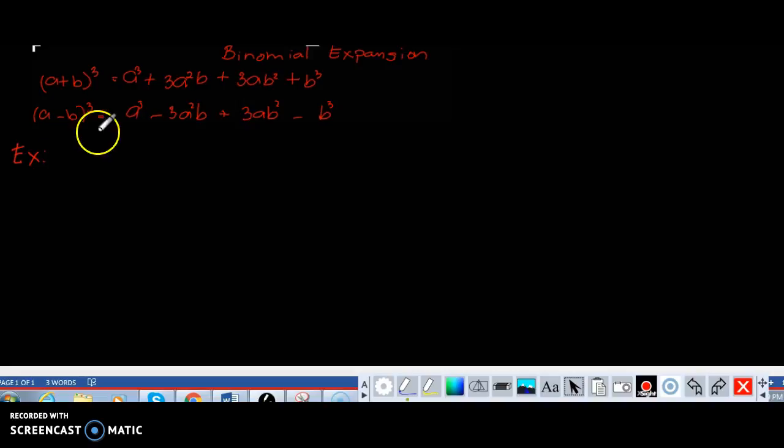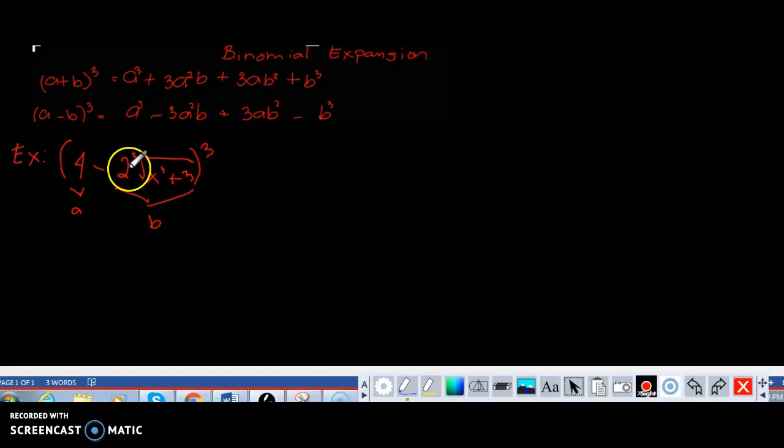This is another example. This expression, 4 minus 2 cube root of x cubed plus 3. We want to expand this to the power of 3. In here, your first term is 4. This is your a, and all of this is your b.